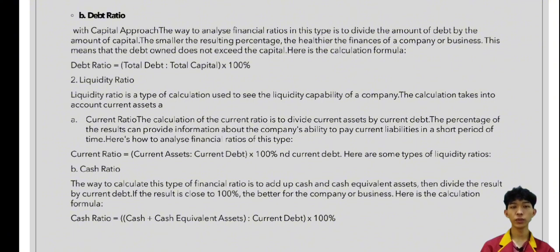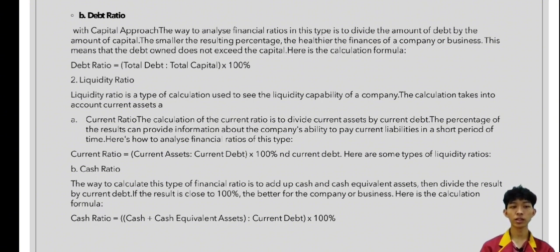The second, liquidity ratio. Liquidity ratio is a type of calculation used to see the liquidity capability of a company. The calculation takes into account current asset. Current ratio. The calculation of the current ratio is to divide current asset by current debt.